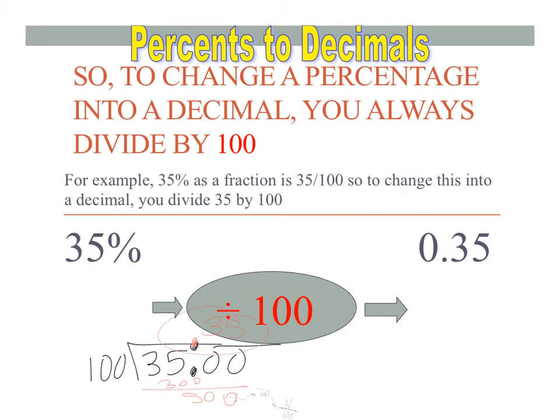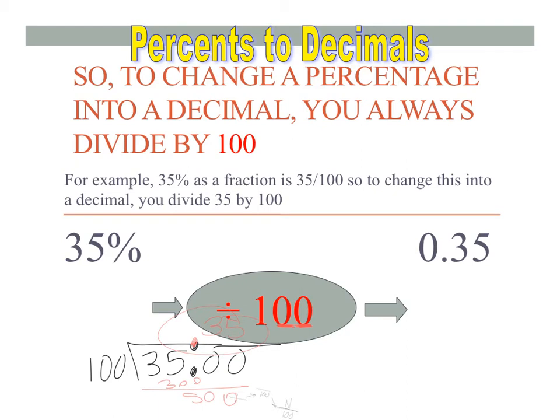When you divide by base 10, 10, 100, 1,000, 10,000, and so on, you move the decimal to the left the number of zeros that there are in the 100 or 1,000. When you divide by 100, there are 2 decimal places that you move. The shortcut is there's 2 zeros.